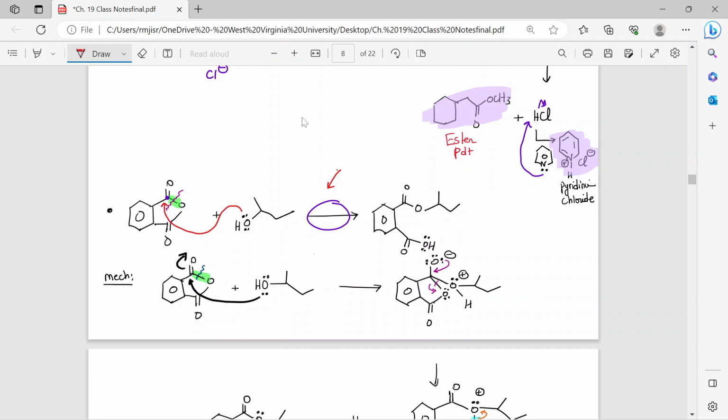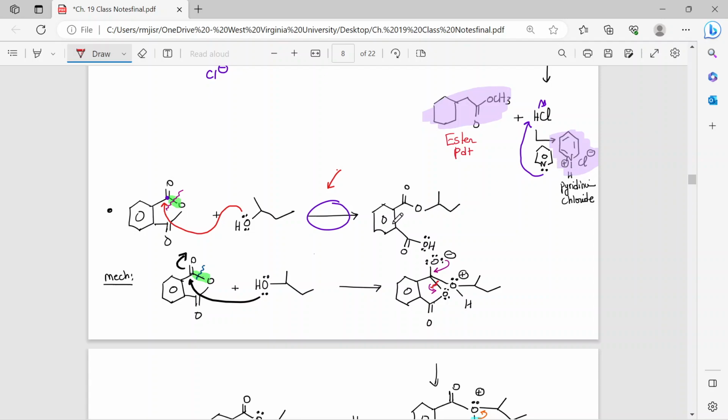Okay? So it's going to come immediately. It's going to attack the carbon of the carbonyl, forming a negative charge on the oxygen. As I said, every time you form a negative charge on the oxygen, resonance is going to happen to break that weak bond. So resonance is going to happen, and we are going to break this bond over here.